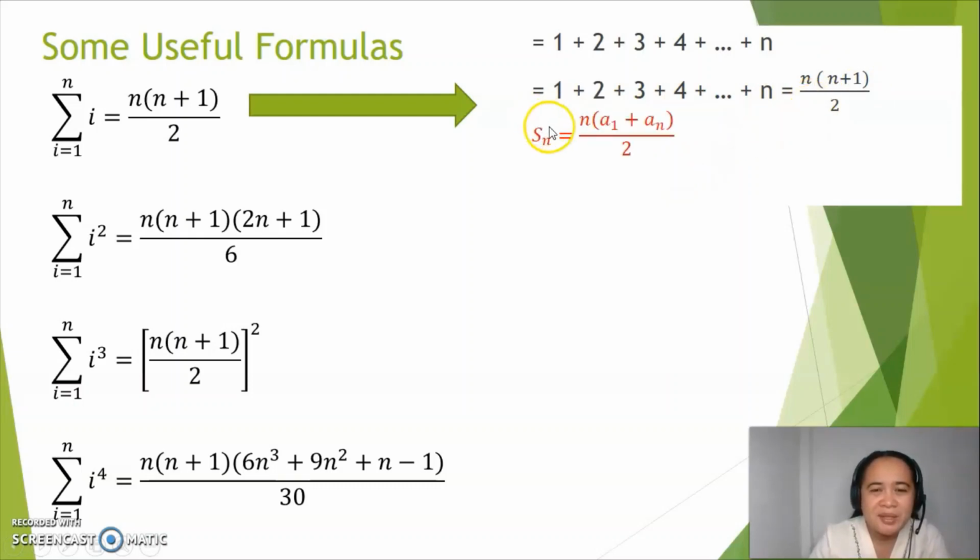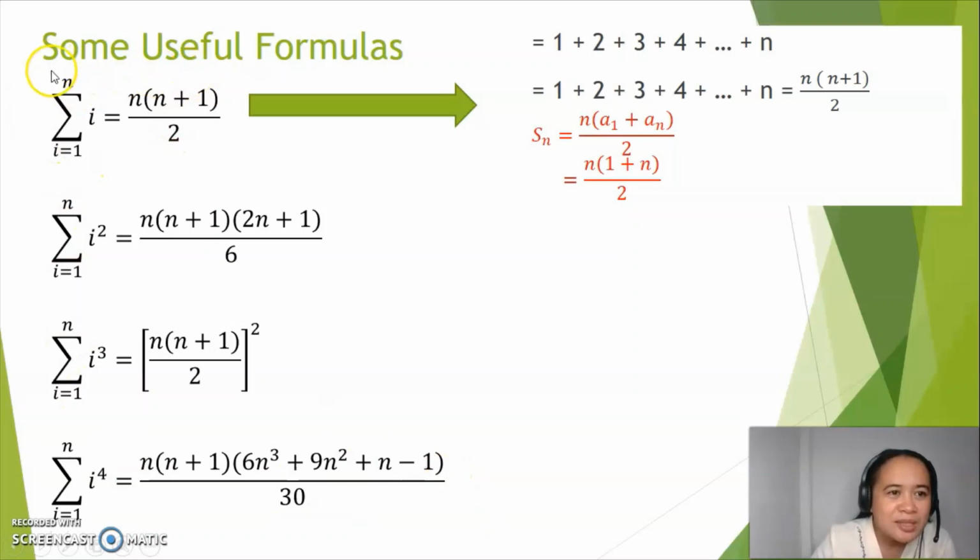So with this one, to get the sum of the first n terms of an arithmetic series would be n times the first term plus the last term divided by 2. So let's substitute this. The first term is 1, and our last term is n. So simplifying, we go back to the original given. So take note of this formula. So mostly we will use the first two.